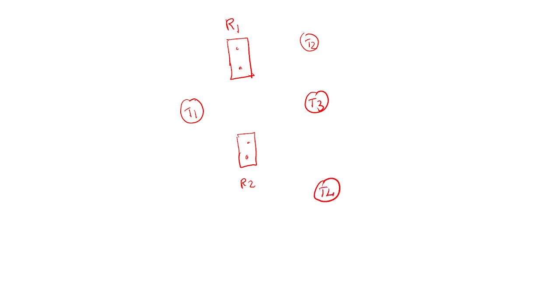T1 is requesting resource R1. One instance of R1 has already been allocated to T2 and one instance of R1 has been allocated to T3. T3 is requesting resource R2, but one instance of R2 has already been allocated to T1 and another instance of R2 has been allocated to T4.